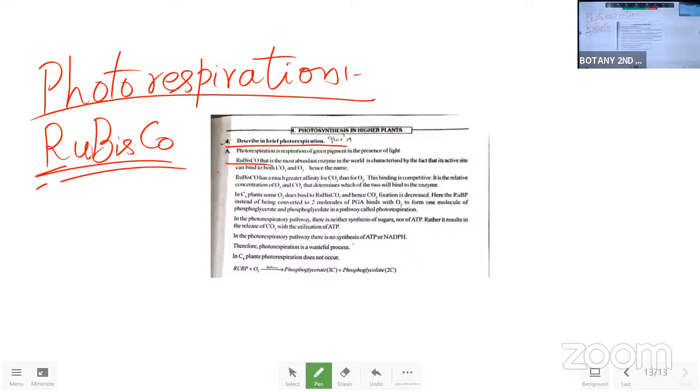here. So what we learned in the previous class: enzymatic inhibitors, competitive, non-competitive, and the feedback inhibitors. So here oxygen acts as a competitive inhibitor and goes and blocks the enzymatic groove, otherwise the activation site of the Rubisco.